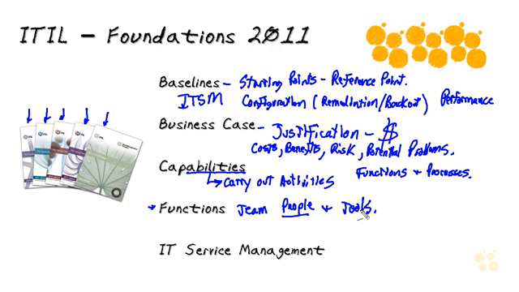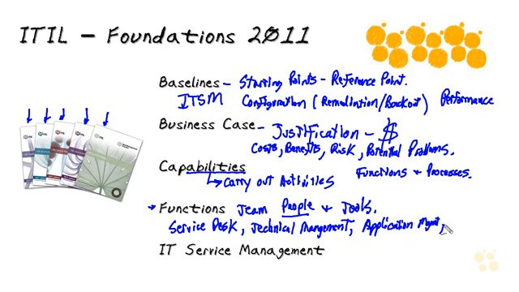In the ITIL functions that we talk about, you're going to talk about the service desk. That's a big one, right? We're going to talk about that. There is technical management. There is application management. And finally, there is IT operations management. These are the typical ITIL functions that we're going to talk about.